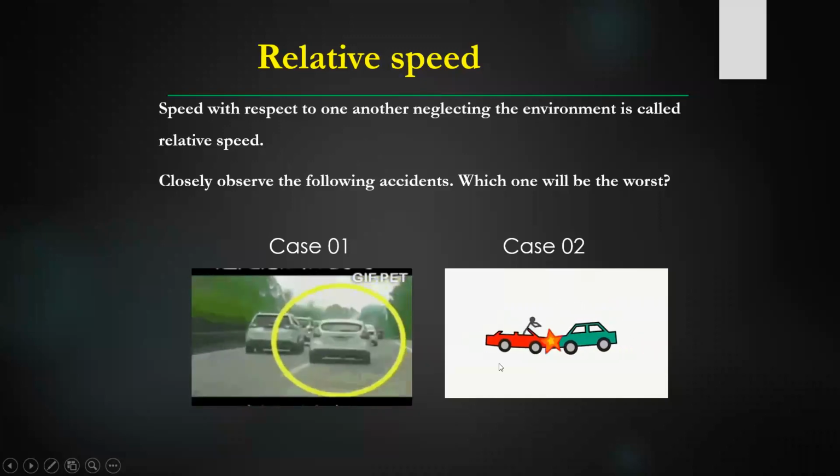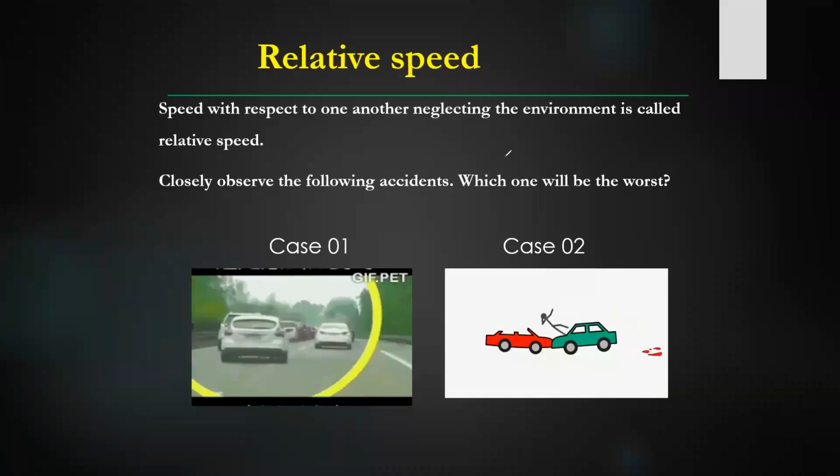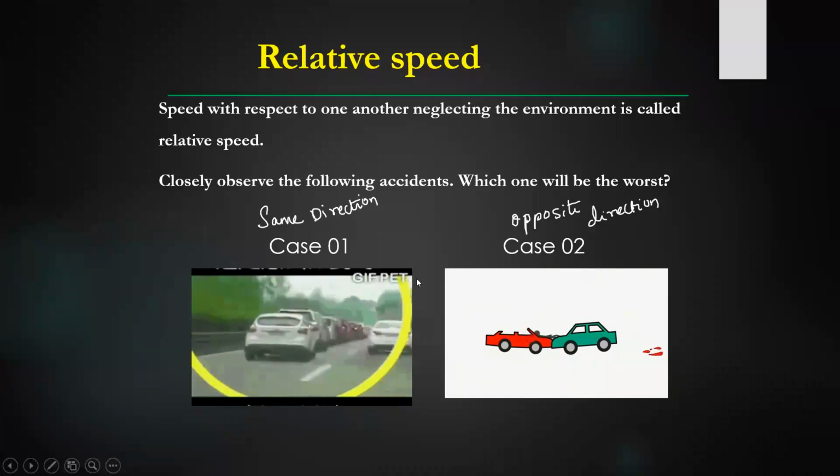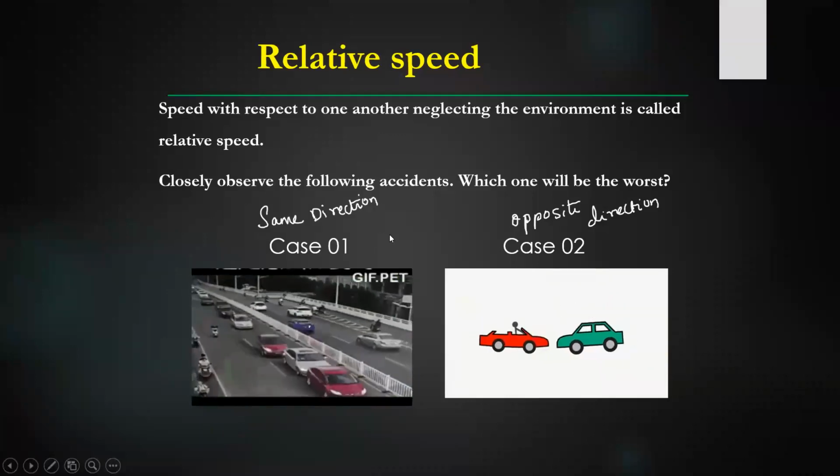To find relative speed, this one is the same direction, right? This is the opposite direction. So relative speed is nothing but, if it is the same direction, subtract the speeds. Speeds will get reduced.